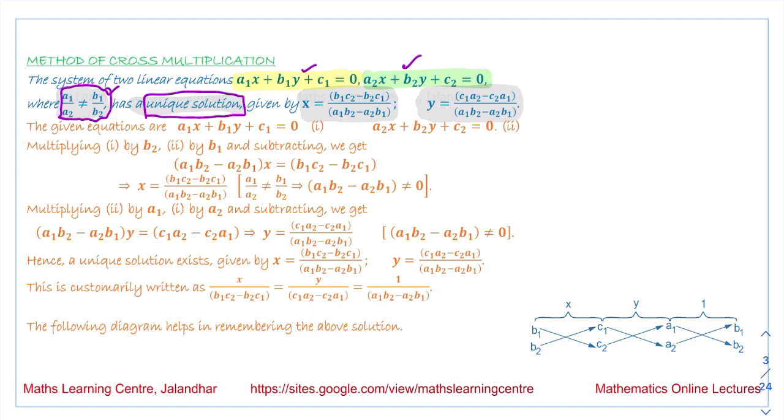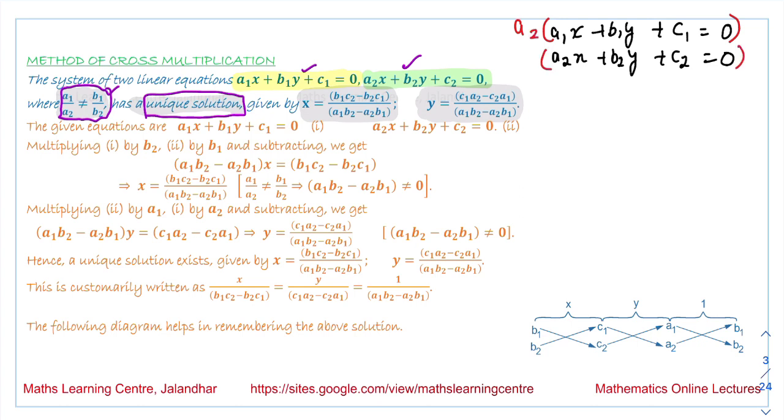How we are getting these values: one equation is a1x plus b1y plus c1 equal to 0. The second equation is a2x plus b2y plus c2 is equal to 0. In the first case, we multiply the first equation with a2, and the second equation with a1.